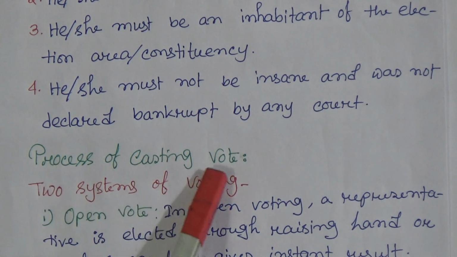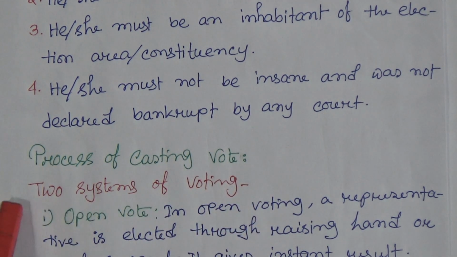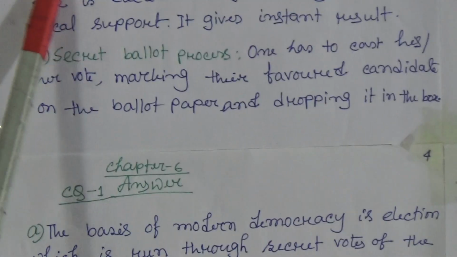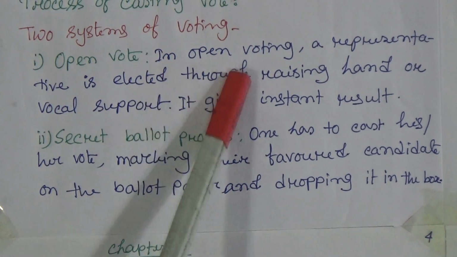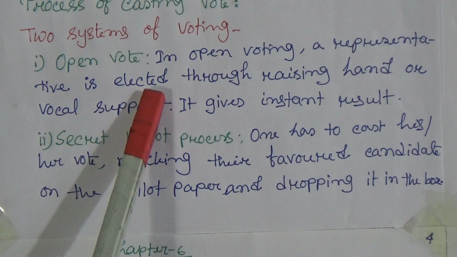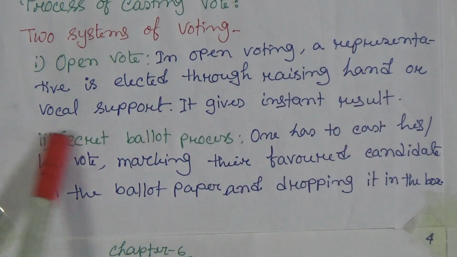Now, the process of casting a vote. There are two systems of casting the vote. The first one is open vote and the second one is the secret ballot process. In open voting, a representative is elected through raising hands or vocal support.